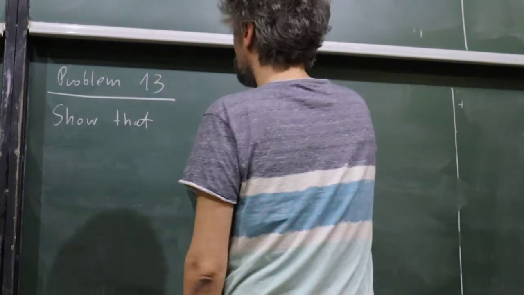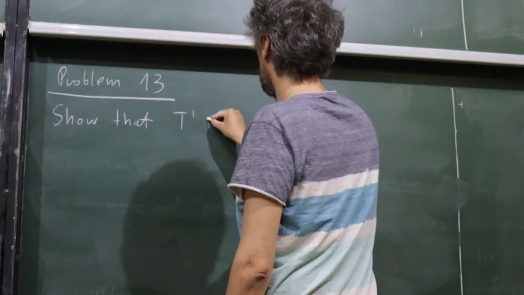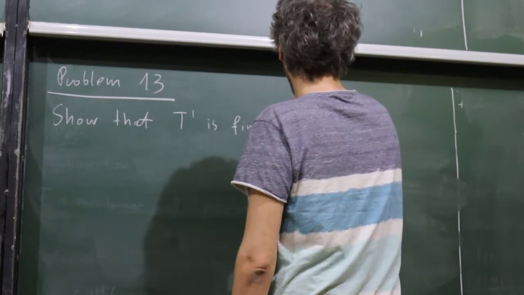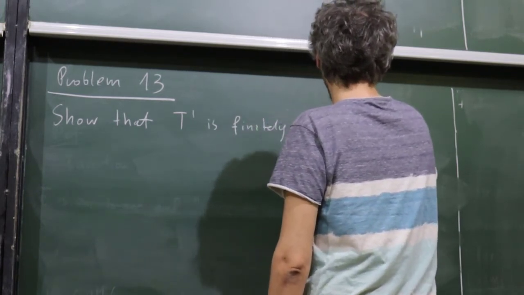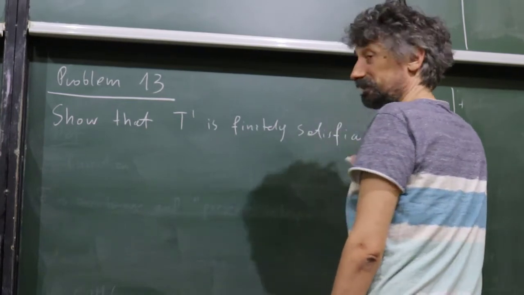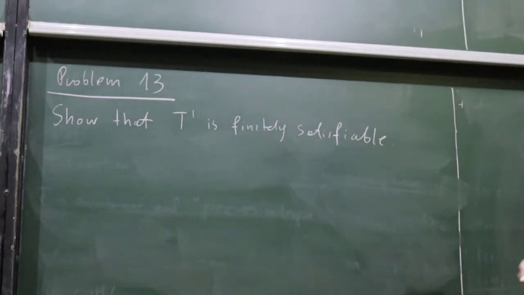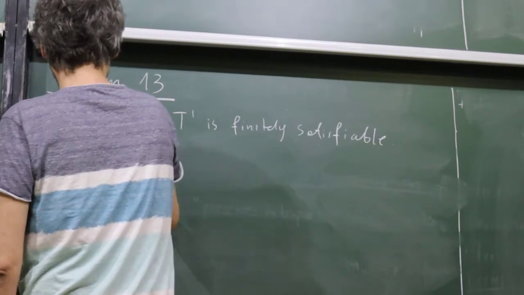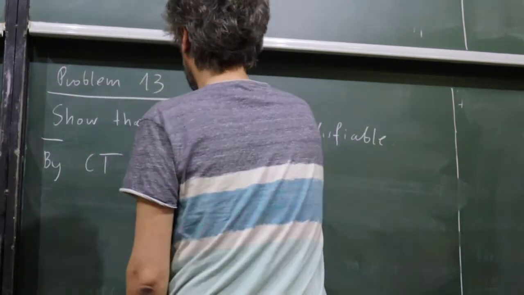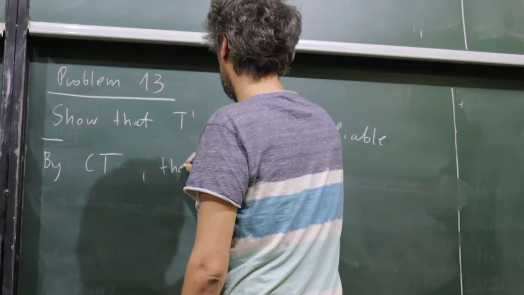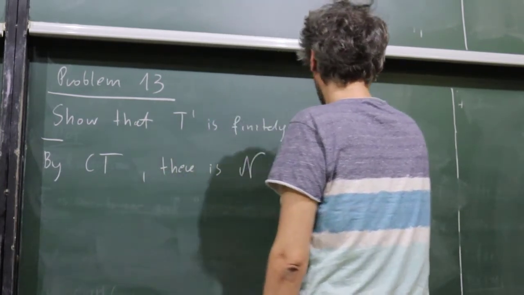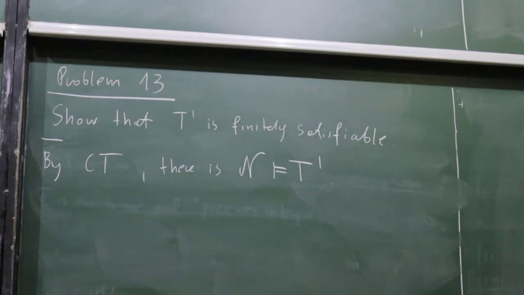Show that T prime is finitely satisfiable. Okay. So now, by compactness theorem, there is a model of T prime, and problem 13.